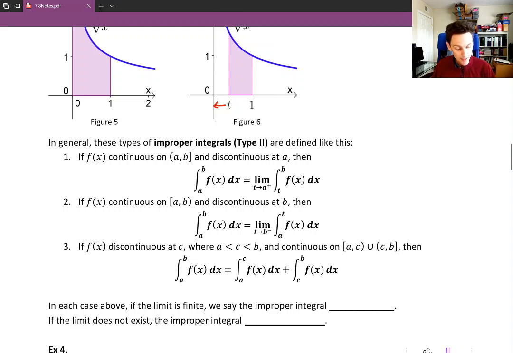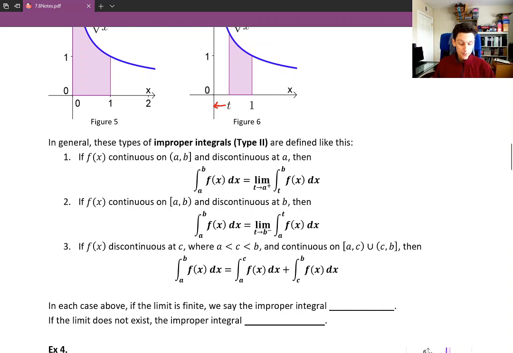Then to evaluate the integral from a to b of f of x dx, you will replace the a, which is where that discontinuity was, with t, and then take the limit as t approaches a from the right. If your discontinuity is on the right side of your interval, so if it's at b, then you can replace b with t, and then take the limit as t approaches b from the left side of the integral from a to t of f of x dx.